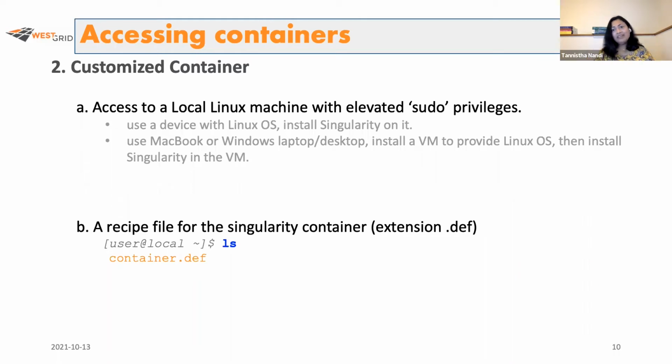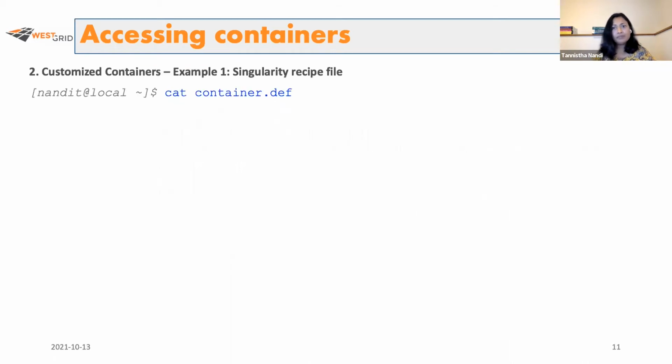And using these files, you are going to build the container. Whatever you need in that container will go, in some way or the other, into the recipe file. So let's take a look at a recipe file, and we can talk about the various components.